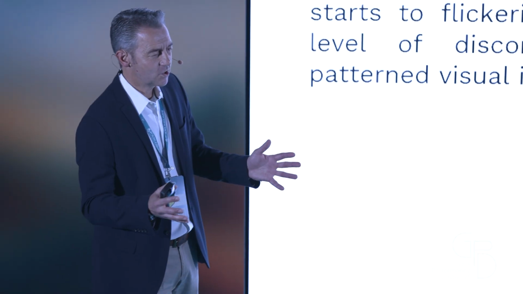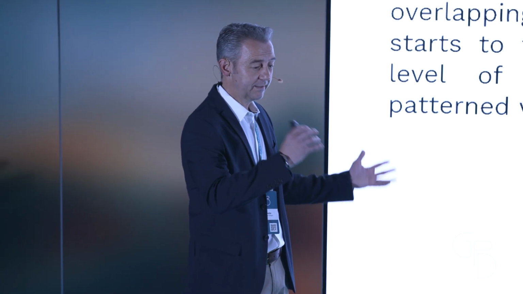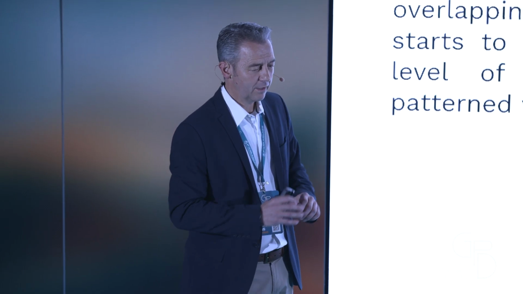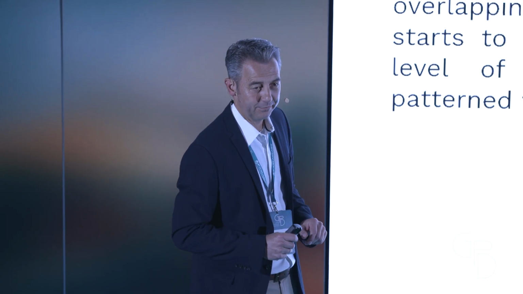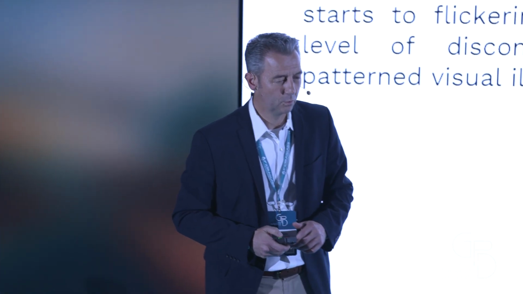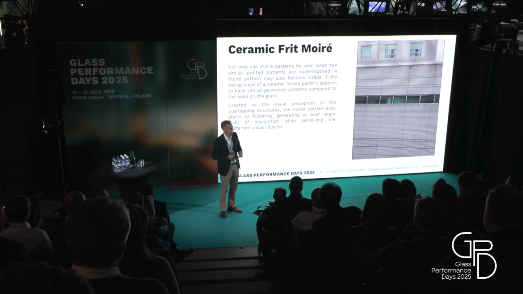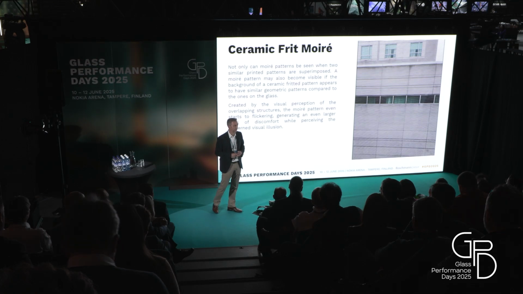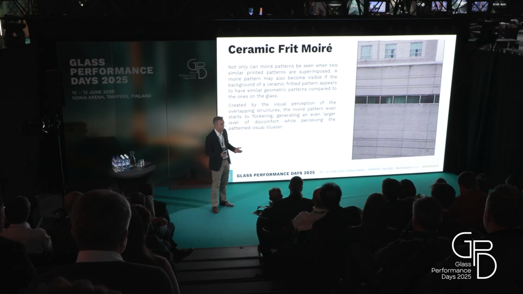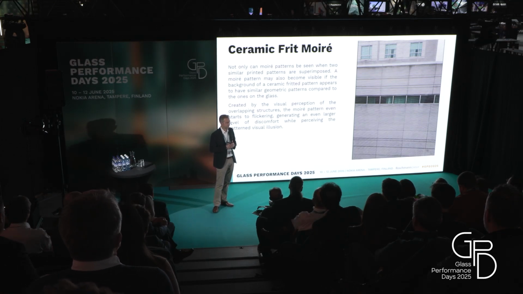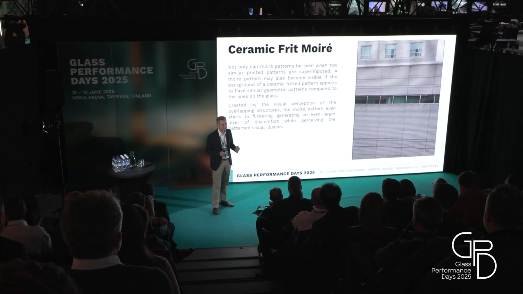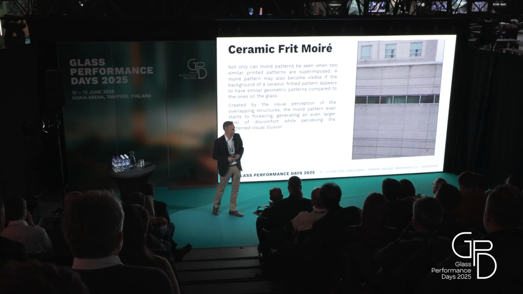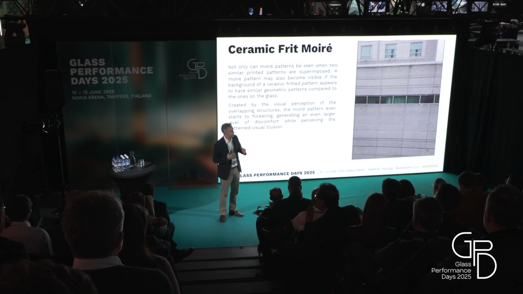So optical distortions and bridging to printing. Without any mentioning of optical distortions, what are we doing with printing? So we can print on glass with different methodologies. We can screen print, we can digitally print, we can put a coating onto the glass, and typically what we want is to create a kind of enhanced performance of the glass.